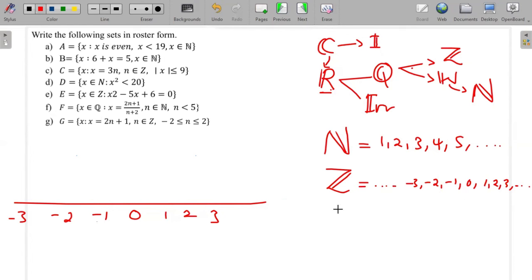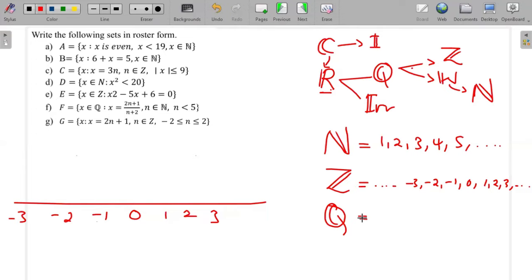The other number that we have to know about, which is important, is the rational numbers. The rational numbers are simply fractions. Any number that can be represented in terms of a fraction is what we call a rational number.